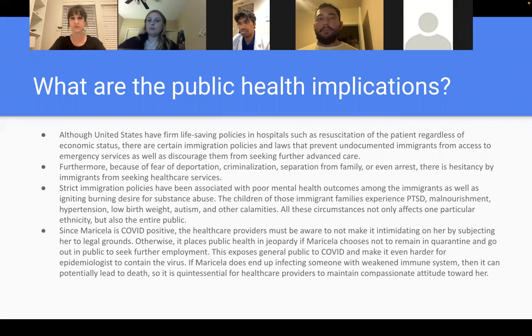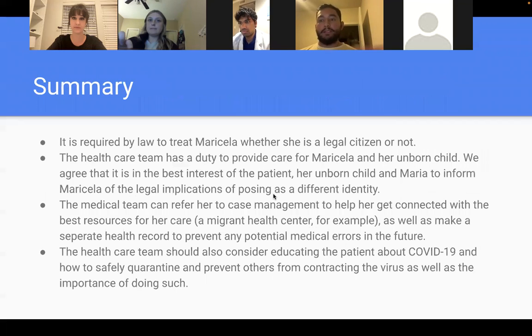They're not going to be able to pinpoint the source of it. So if Maricela does end up infecting someone with a weakened immune system, it can potentially lead to death. So it is quintessential for healthcare providers to maintain a compassionate attitude toward her and be kind in their approach. I will pass it on to the next person.